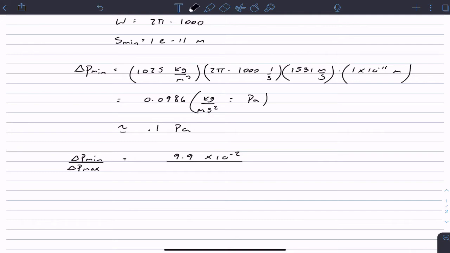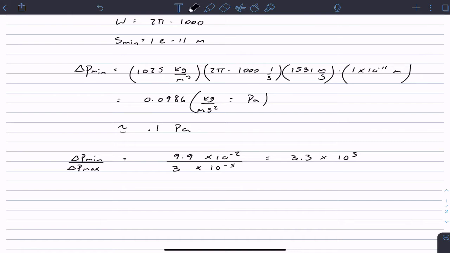And then the one in the problem, they ended up with 3 times 10 to the negative 5. So this gives us a value of 3.3. So this is negative 2 minus negative 5, so this is going to be times 10 to the 3.